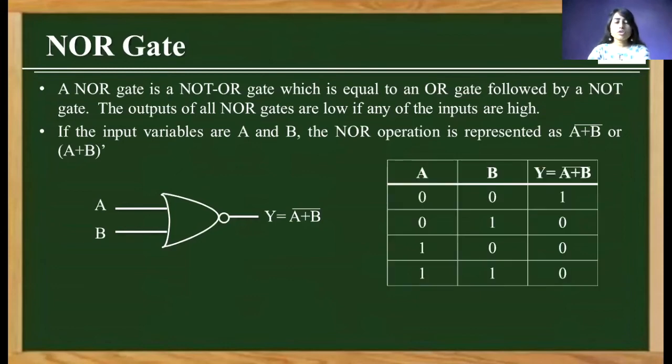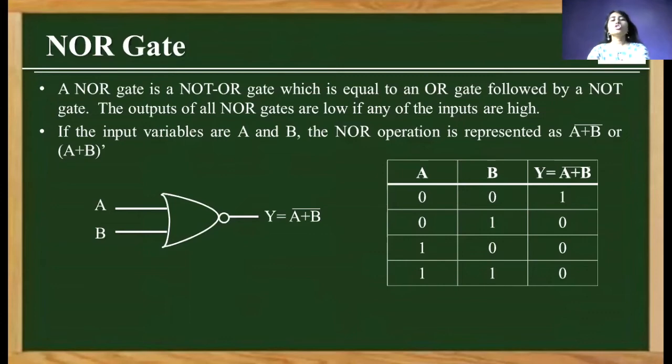Characteristic of NOR: if A and B both are 0, then we have a 1, because A plus B, or says A or B, 0 or 0, we have A or B 0. That means here 0 or 0 is 0, and here in the NOR gate, the output of the OR gate is inverted. So here 0 inverted is 1.